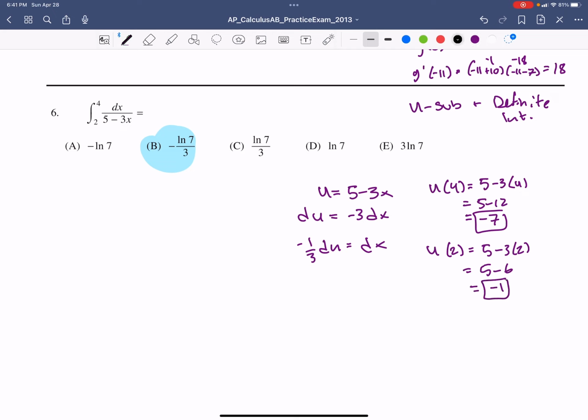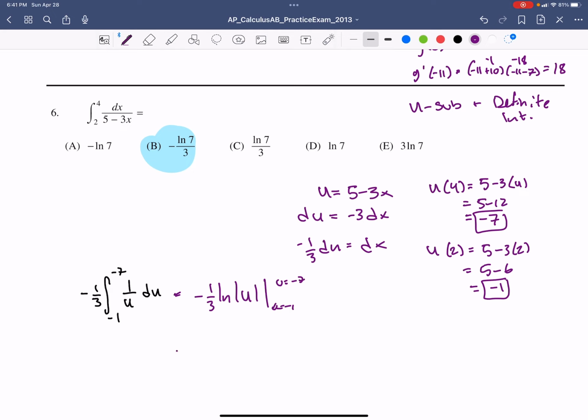So now let's rewrite our integral. We're going to do the integral of negative 1 over 3, 1 over u du from negative 1 to negative 7. Now, what's the antiderivative of 1 over u? It's going to be ln. So negative 1 over 3 ln of absolute value of u from when u is equal to negative 1 and u equal to negative 7.